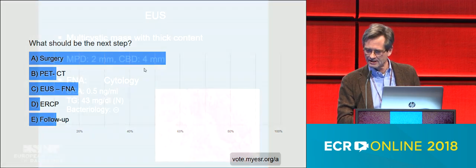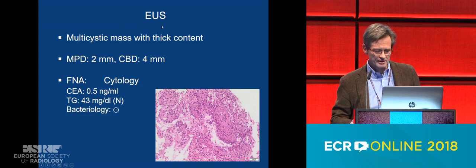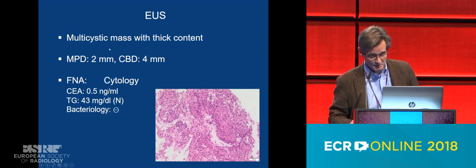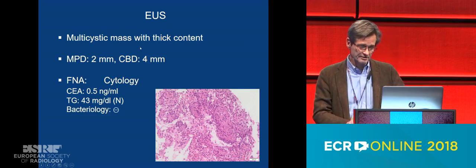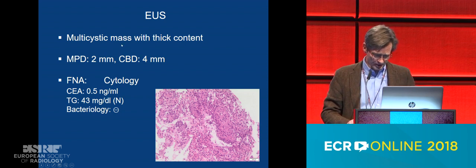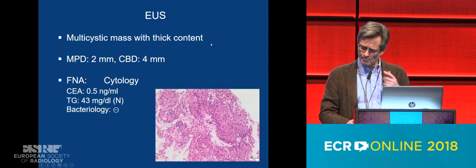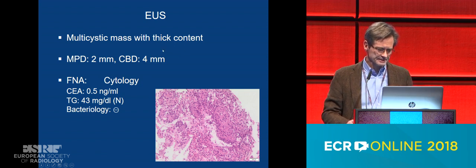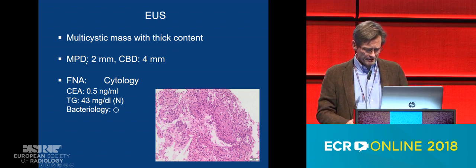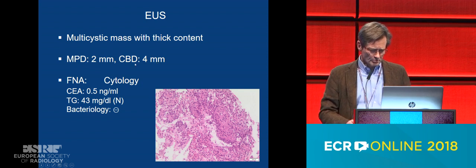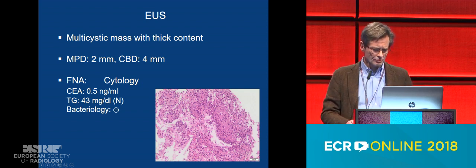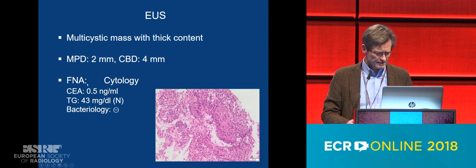This lady first had an EUS, which displayed what we already knew: a very large multicystic mass with a thick content that probably explains the hyperintensity on T1 weighted imaging on the MR. The main pancreatic duct and the common bile duct were normal, and at FNA the cytology did not display any malignant behavior.